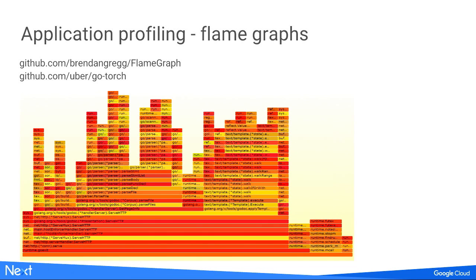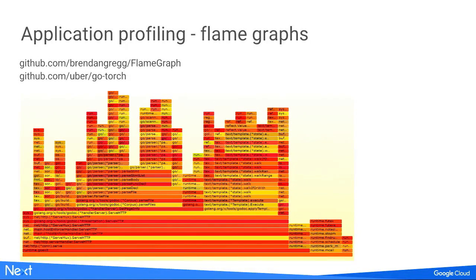Another really great way to visualize this is using a flame graph. The colors actually don't mean anything. I think that's where the name flame comes from, though. Basically, the width on the x-axis isn't anything to do with time.